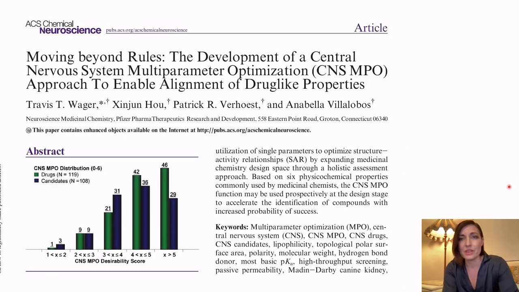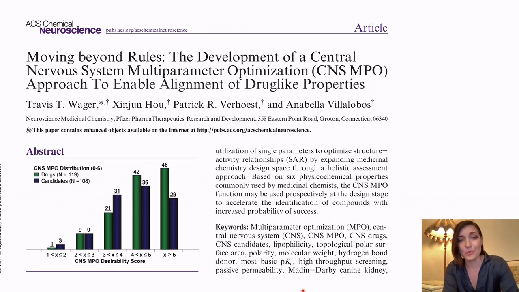So what we have here are some example papers where people have used in silico tools for drug design. That's this first paper, and it used something called MPO, or multi-parametric optimization, algorithms and ways of prioritizing molecules that could cross the blood-brain barrier.